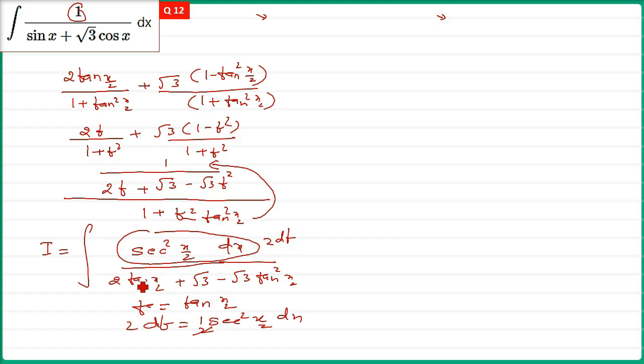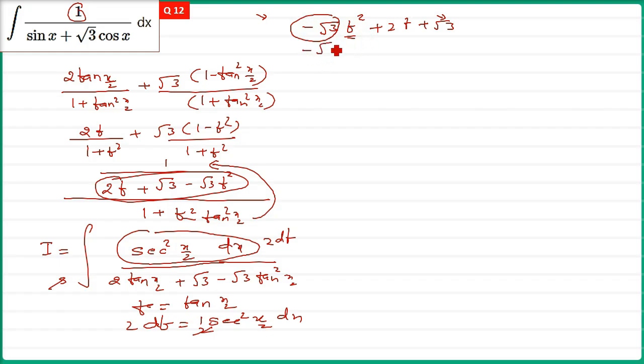Before we go ahead, we have to look at the denominator now. We have to make it a perfect square in order to get the proper formation of the formula that can be replaced as the integrable result. So this is negative root 3t square. In the descending order of the power of t, we are writing now. First we need to get rid of the coefficient of t square.